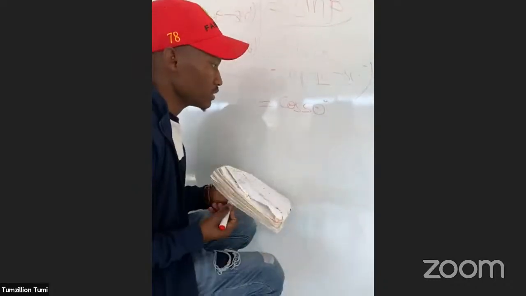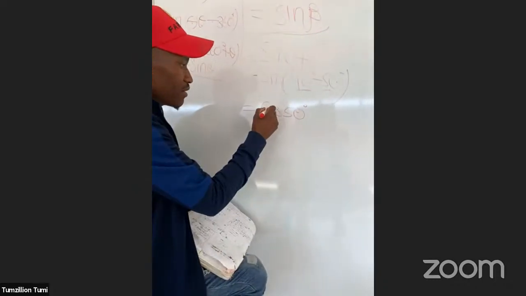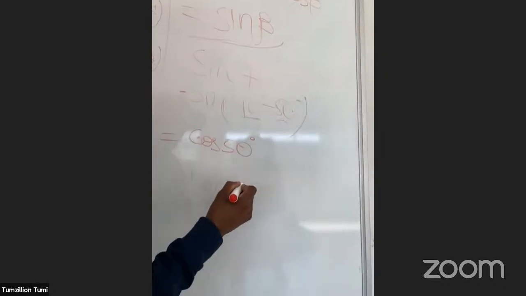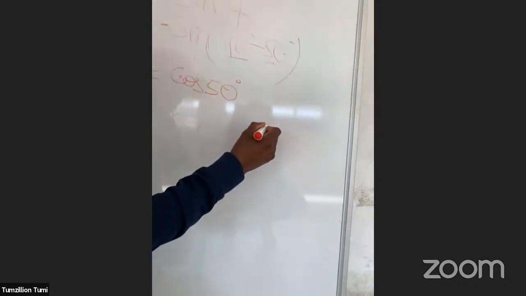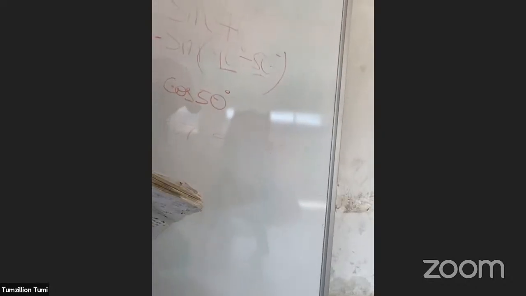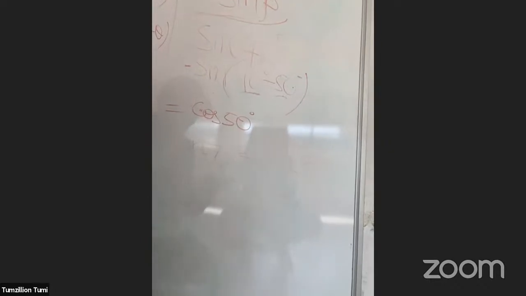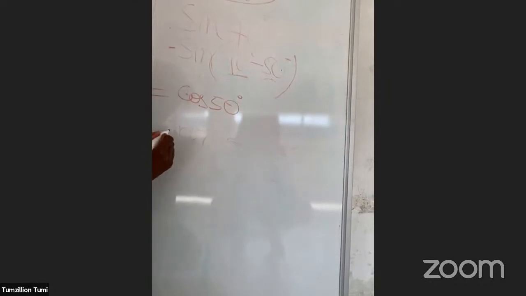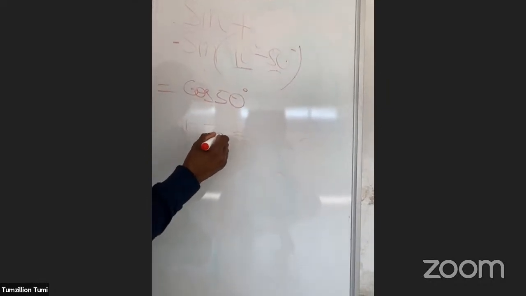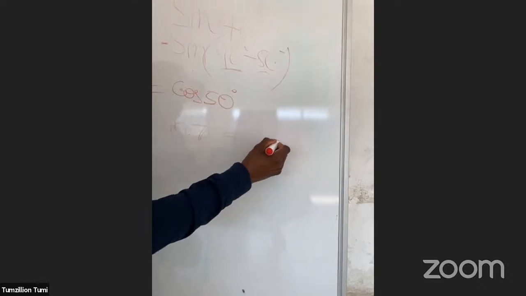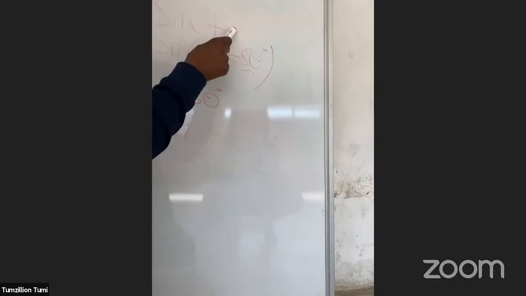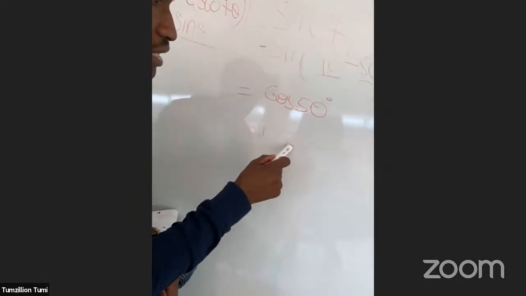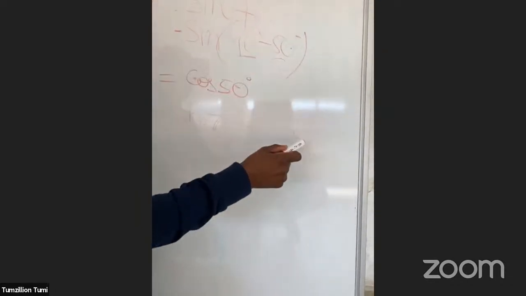Now, what I'm trying to tell you is this. With cos and sine, when you have sine of 70 degrees, this is as good as cos of 20 degrees. I'm sorry, my marker is misbehaving. Why? We say sine of 90 minus 20.